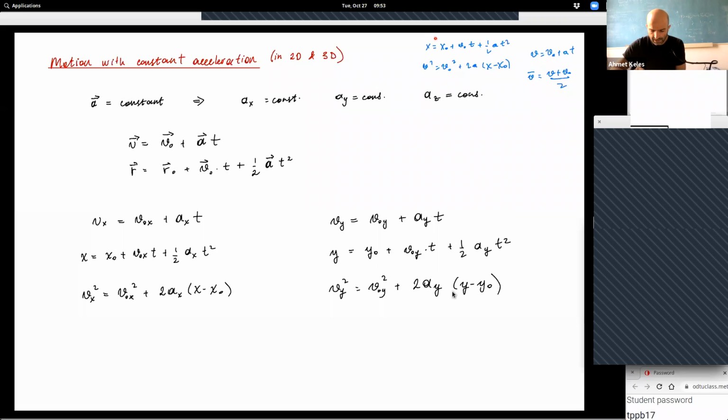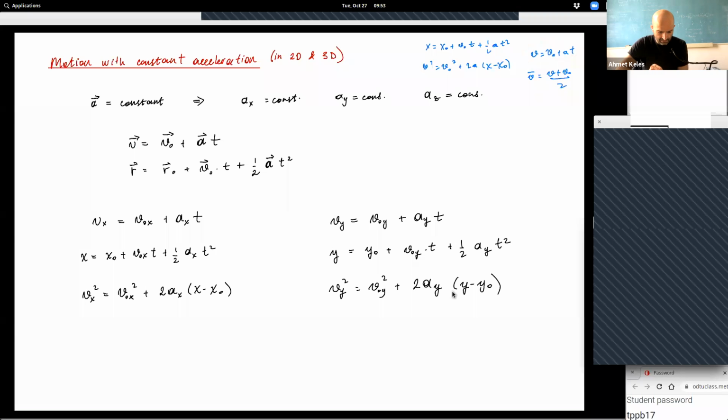So the question is, can we write these in a more general 2- or 3-dimensional space? For this, we assume a is constant. What this means is a_x is constant, a_y is constant, and a_z is constant. You basically take this and convert it to vectors. You just put arrows on top of everything except t.